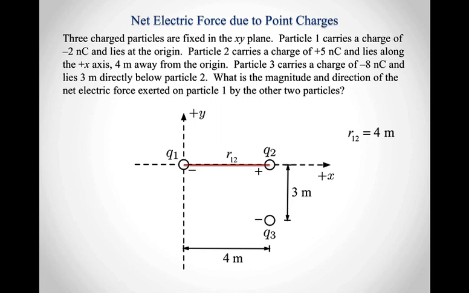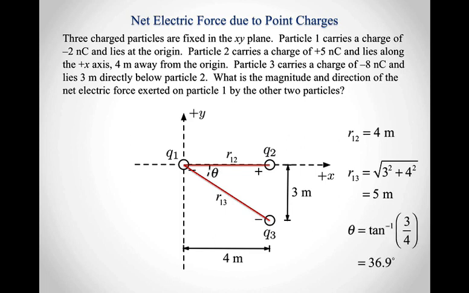The distance between 1 and 3: it's 4 meters to the right and 3 meters down, so Pythagorizing those two distances, the square root of 3 squared plus 4 squared says the distance between particles 1 and 3 is 5 meters. I also know that the forces charge 1 feels are going to lie along those lines I've drawn in red. That means there's an angle I need to calculate, because it's going to matter.